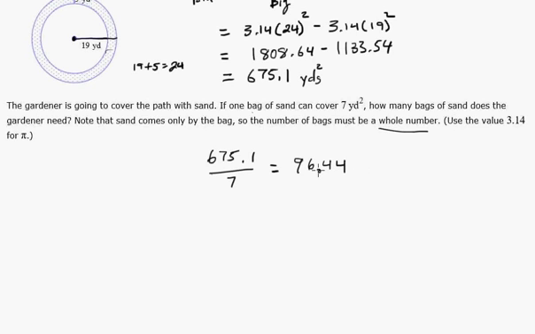They want a whole number, but how many bags do you need to buy? Typically we would round to 96, but if we bought 96 bags, we'd be a little bit short. So if we went shopping, we would need to buy 97 bags of sand. Hopefully that makes sense.